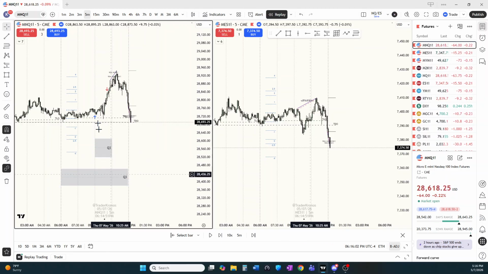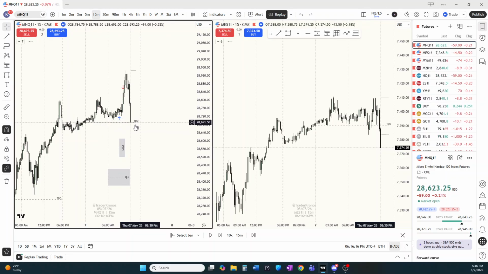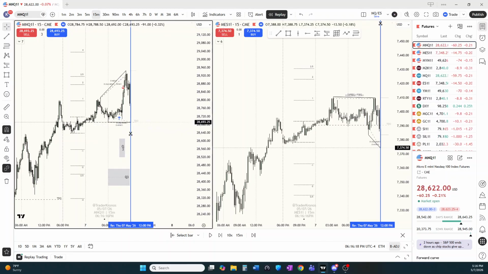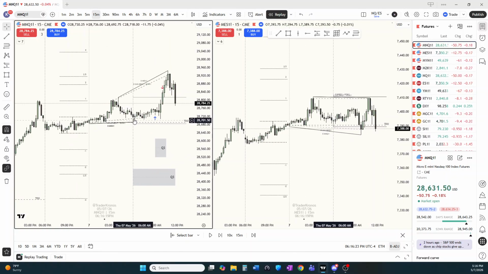So already, if I get a sequential SMT here, right, and then I had a daily cycle to confirm it, right, what's likely to happen? So we already know here, if we back this up just a little bit, right, we had our daily cycle confirmed when? Quarter 3.